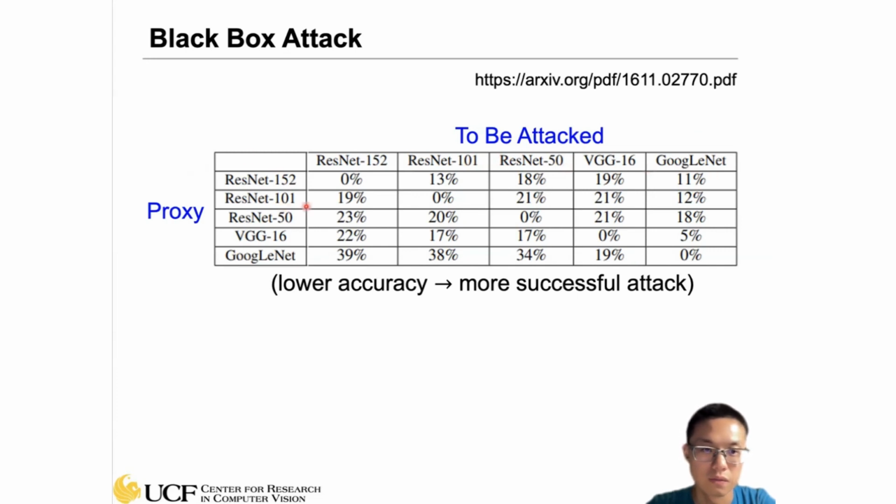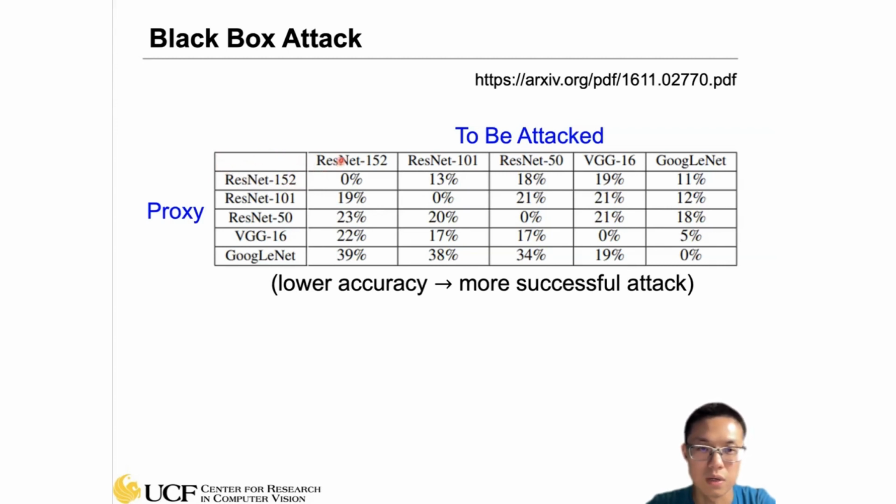So if we look at them one by one, ResNet 152 to ResNet 152. Essentially, this is a white box attack, so the attack model and the proxy model are basically the same. In the proxy training, we have access to the model parameters.